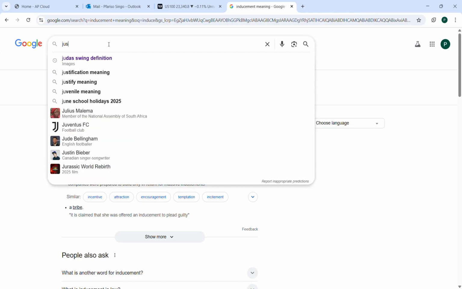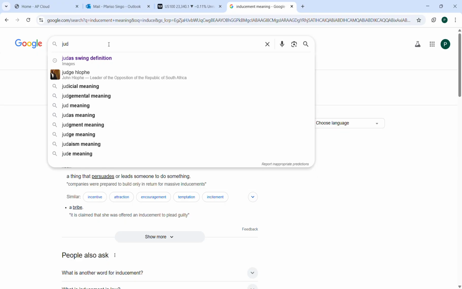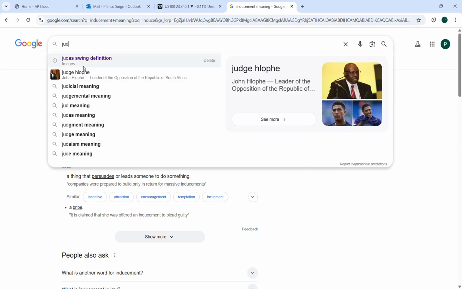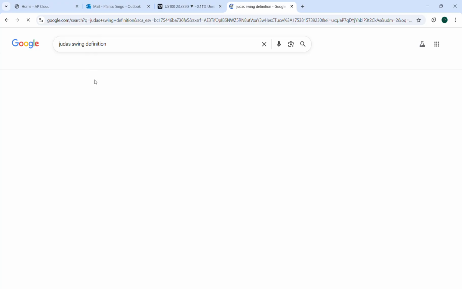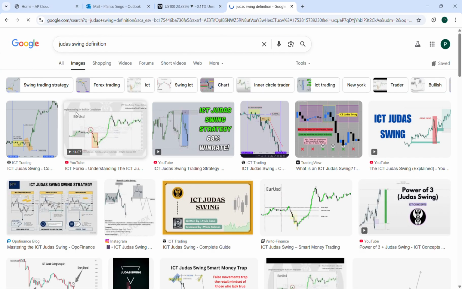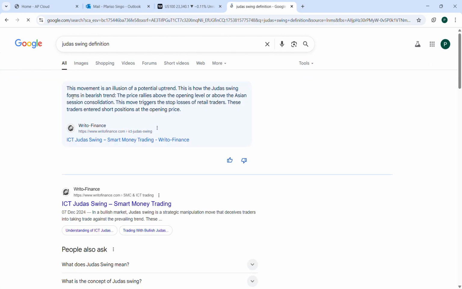Judas swing, right? Definition, I'm going to come here. A Judas swing is a movement that is an illusion of a potential uptrend. This is how the Judas swing forms in a bearish trend. The price rallies above the opening level or above the Asian session consolidation.